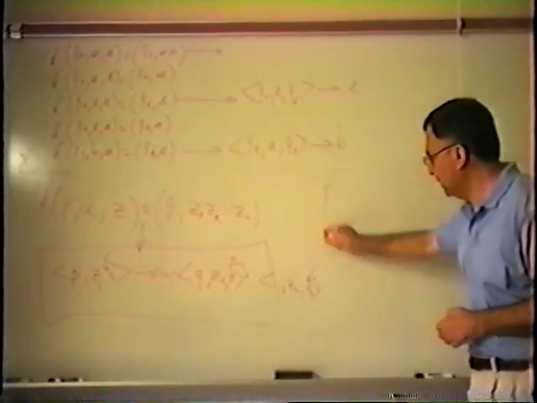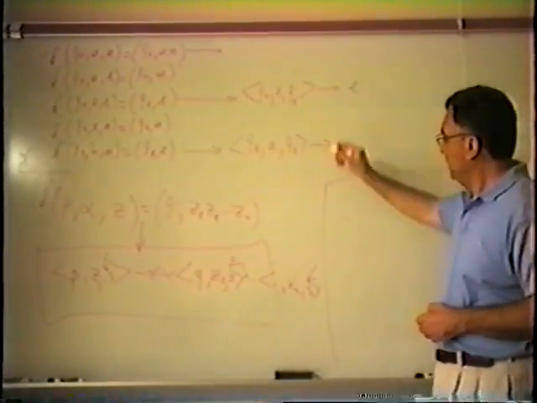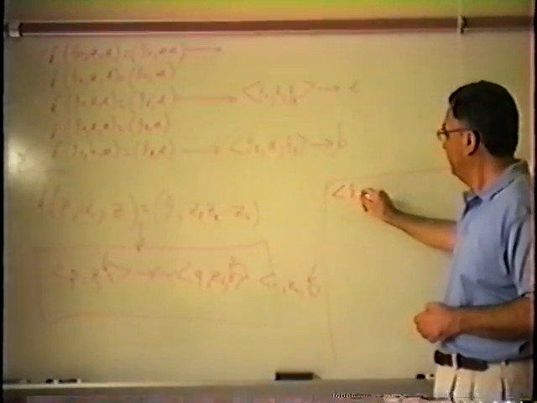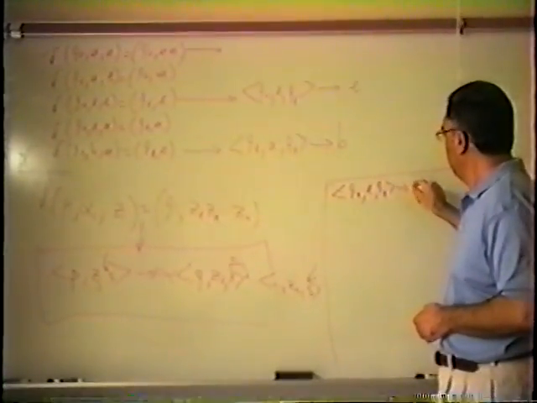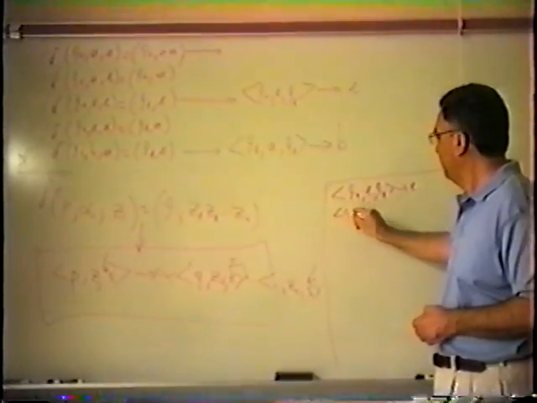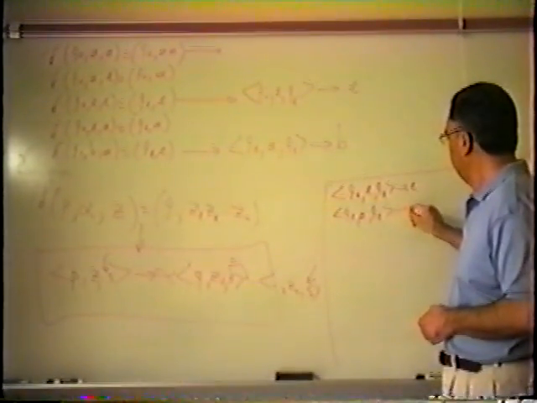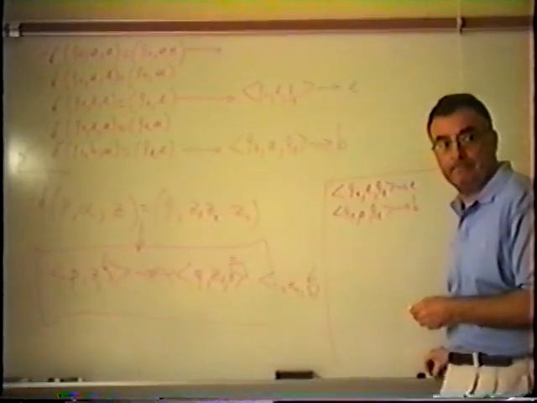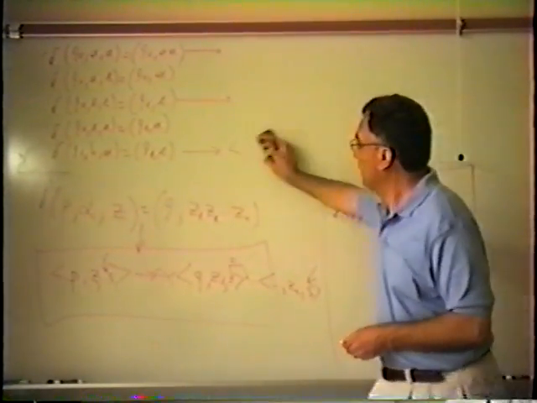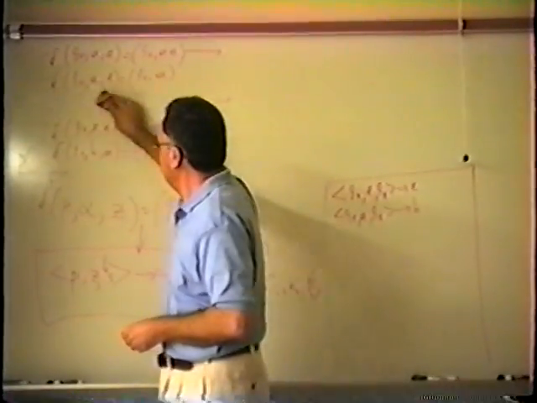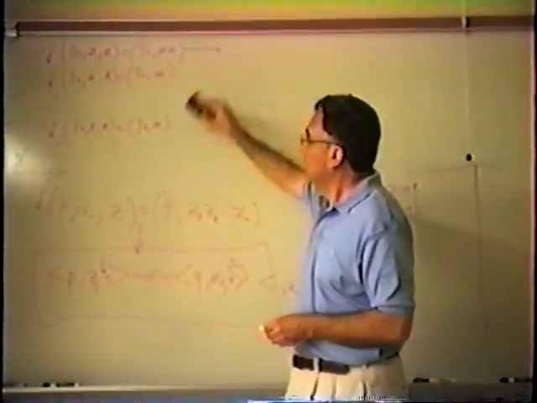My answers will be here. Okay, I got one rule so far. And actually, I don't need these guys either. I used them. I'm left with these transitions. Take the first one.